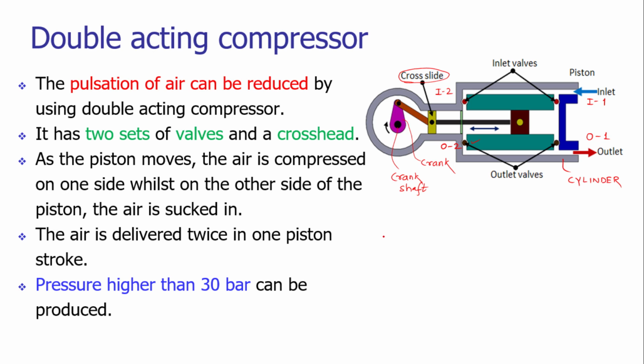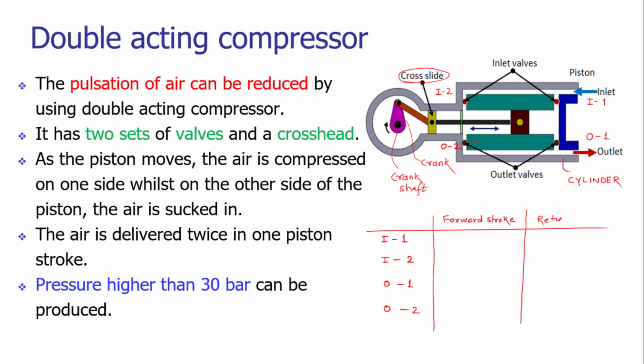We have inlet valve 1, inlet valve 2, outlet valve 1 and outlet valve 2. So for the forward stroke, suppose we have the forward stroke and we also have a return stroke.